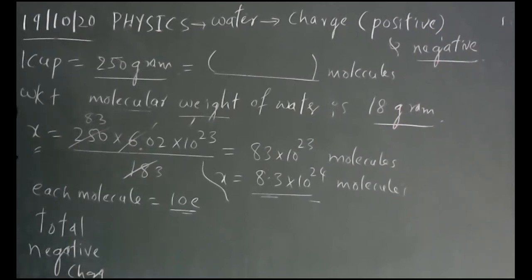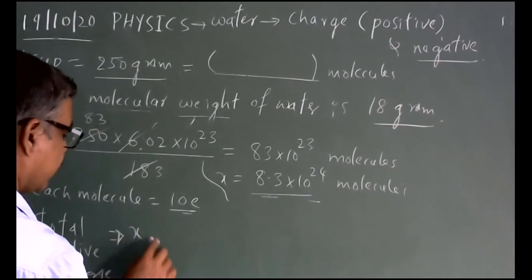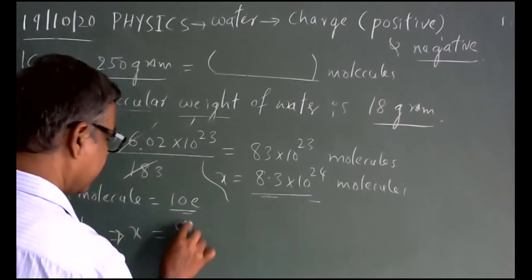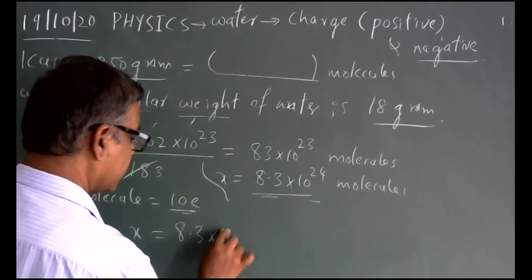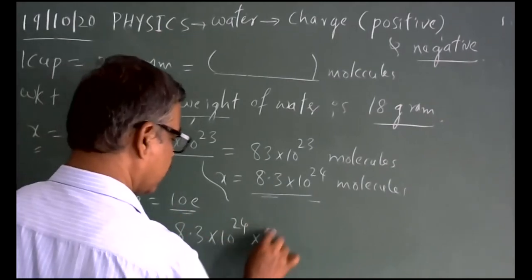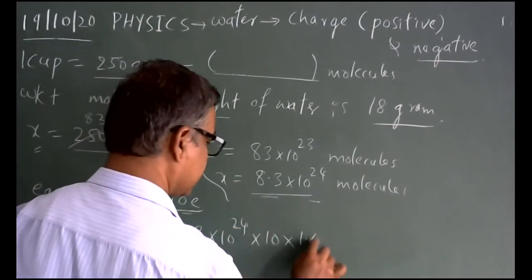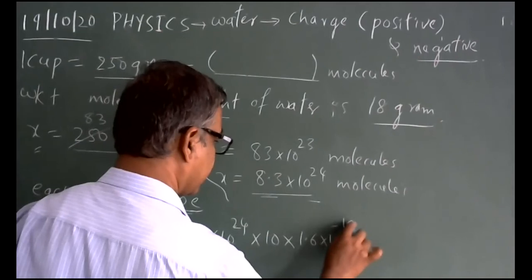Total negative charge is equivalent to 8.3 × 10^24 into 10 into the electronic charge value, which is 1.6 × 10^-19.